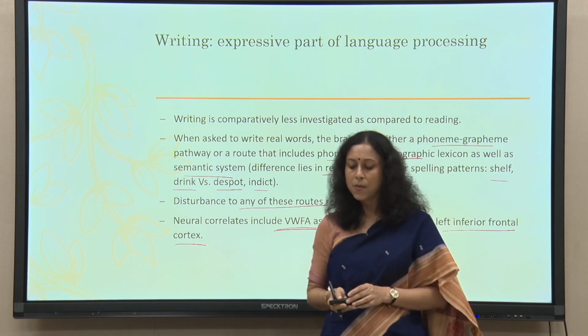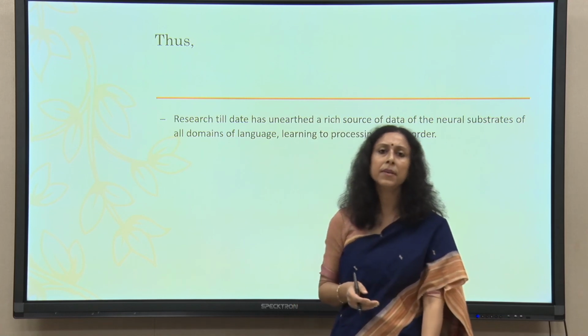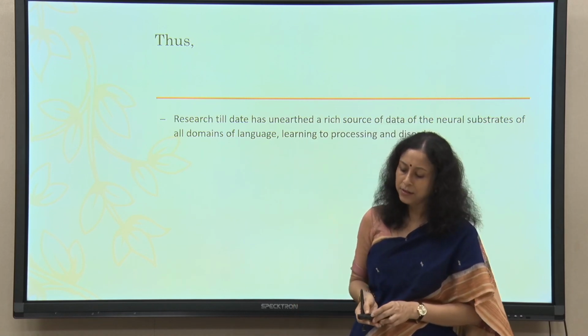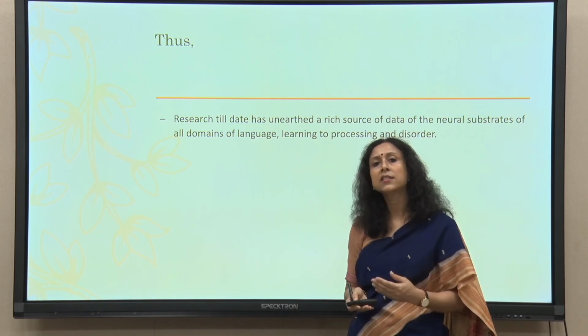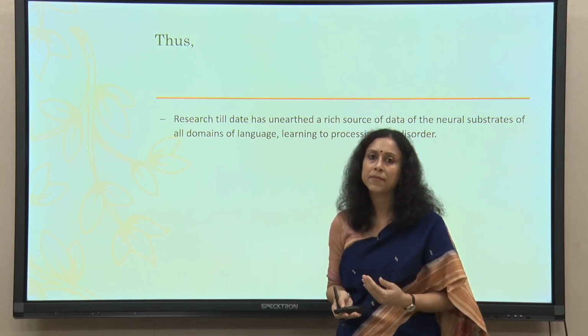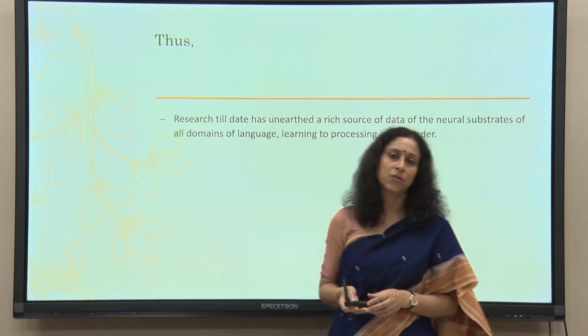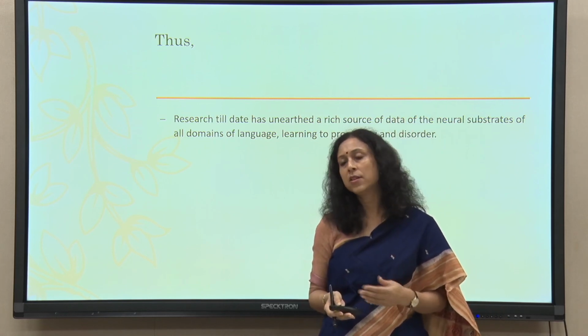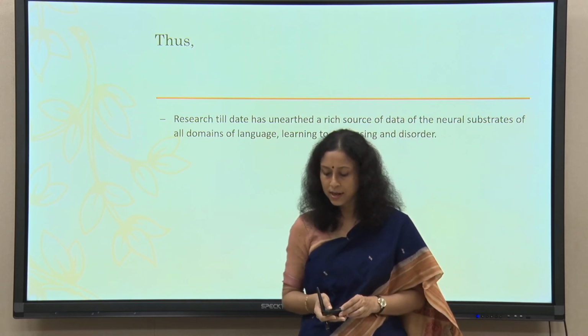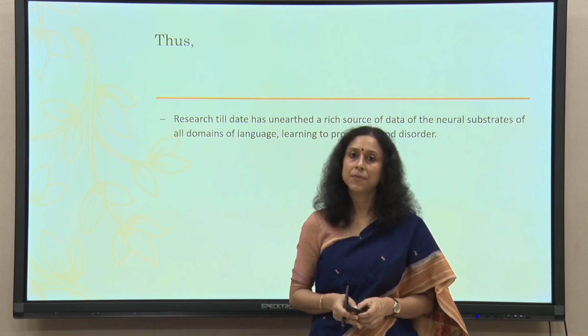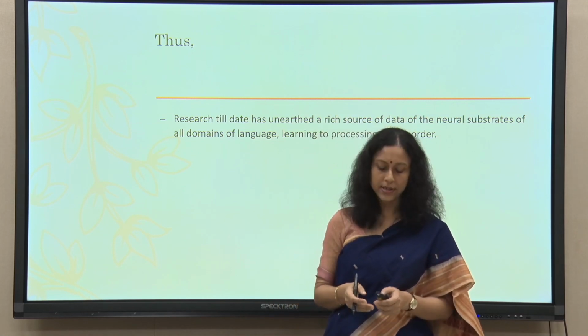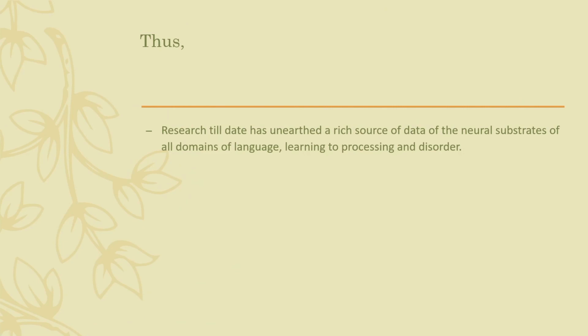That puts firmly in place the idea that all types of language functions, whether in the domain of learning, processing or disorder, take us back to the neural substrates. So, there is a very deep connection between language and the human brain.